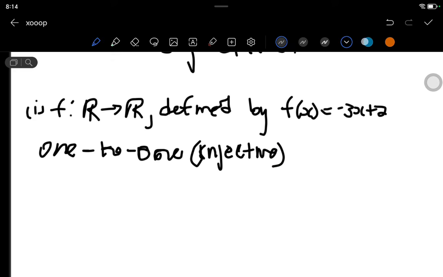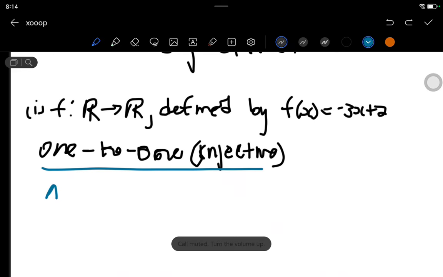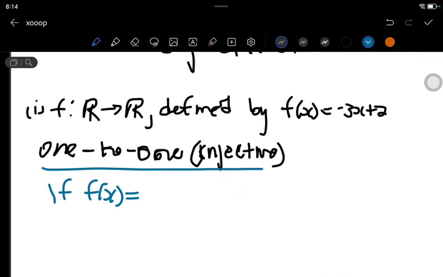So what does 1-to-1 mean? The 1-to-1 says that if f of x is equal to f of y, then x is equal to y.